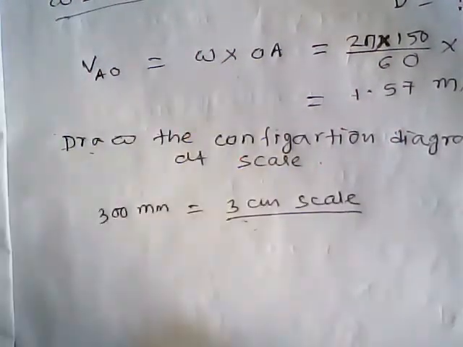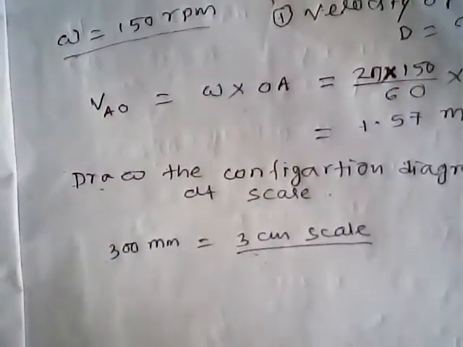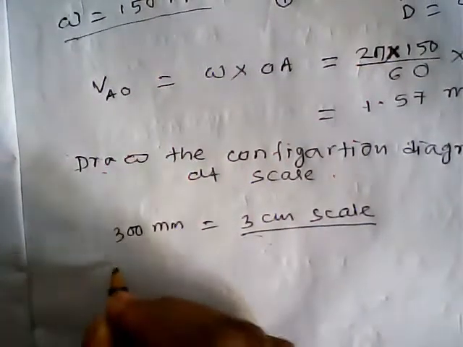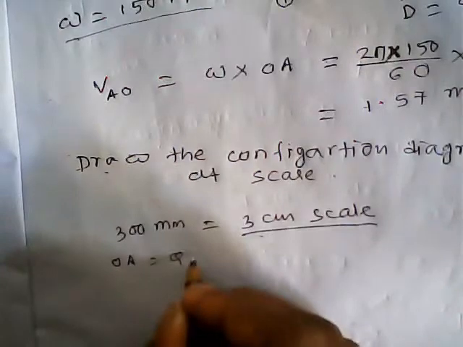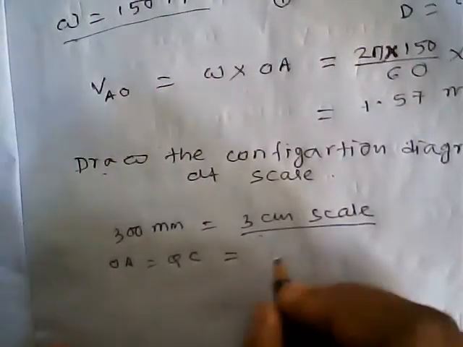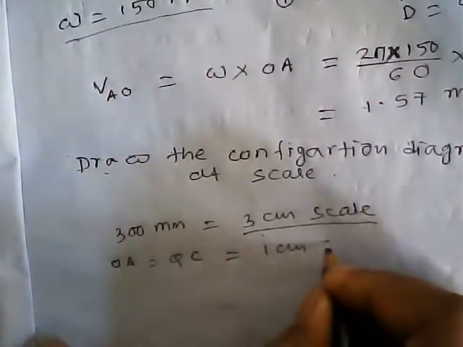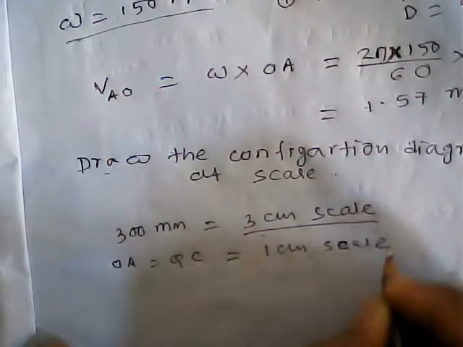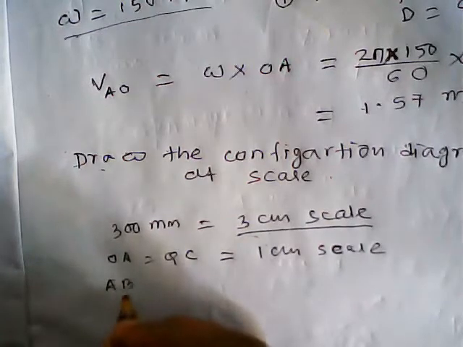In scale, 3 centimeter equal to 300 millimeter. Then OA or QC, 100 millimeter, so 1 centimeter scale. 300 means 3 centimeter, so 100 means 1 centimeter scale.